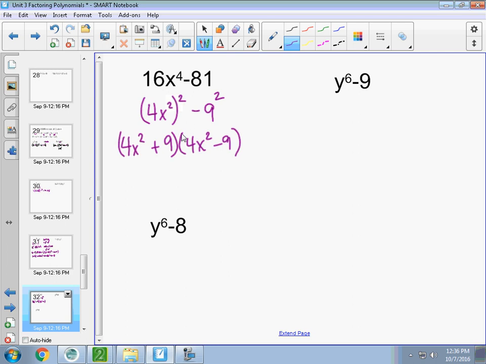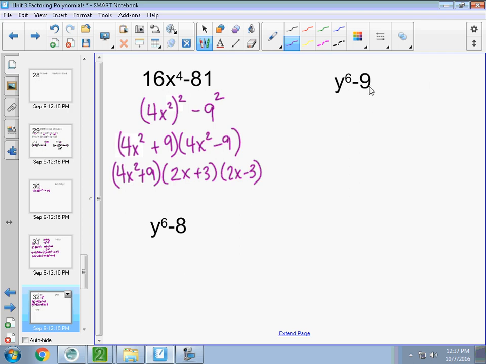So I use my difference of squares pattern first. 4x squared plus 9 can't be simplified, but 4x squared minus 9 is another difference of squares, so that's going to break down to 2x plus 3 and 2x minus 3.